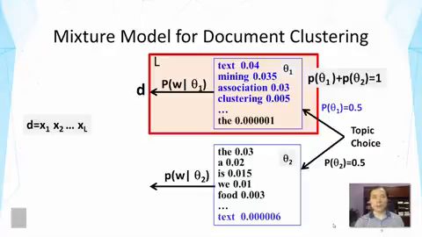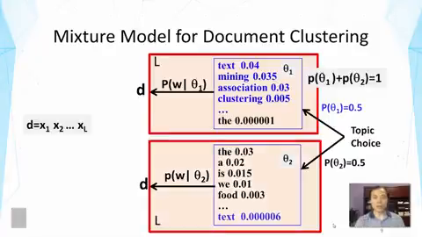That means once we have made the choice of the distribution in generating the first word, we're going to stay with this decision in generating all the other words in the document. In other words, we only make the choice once for all. Basically, we make the decision once for this document and then stay with this to generate all the words. Similarly, if I had chosen the second distribution, theta sub 2 here, we'll stay with this one and then generate the entire document D.